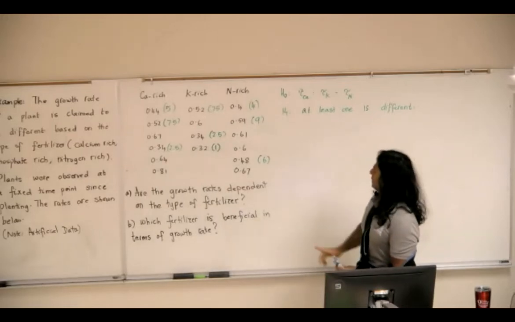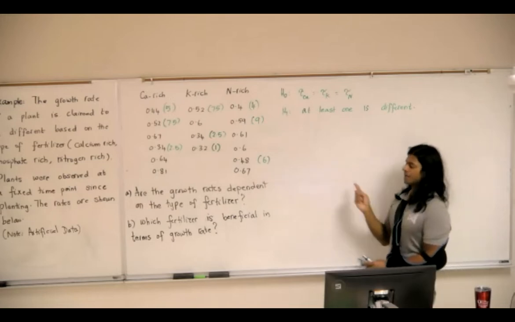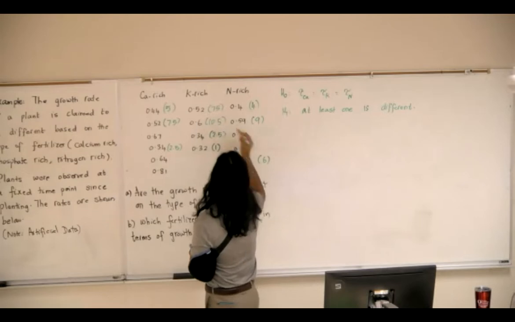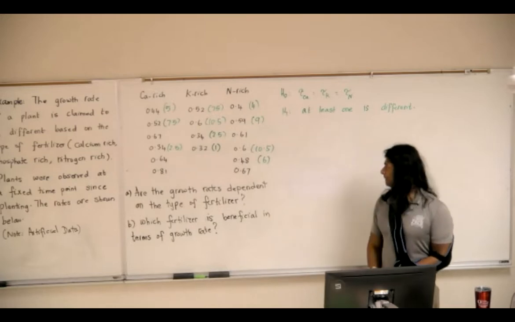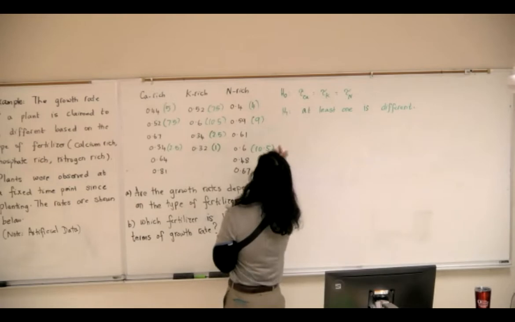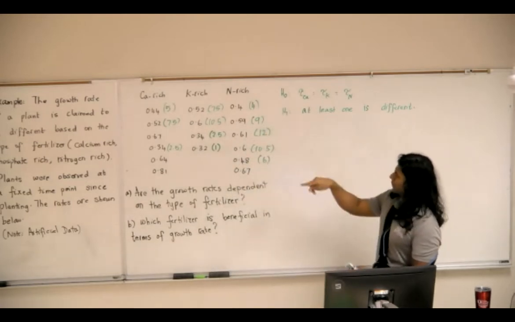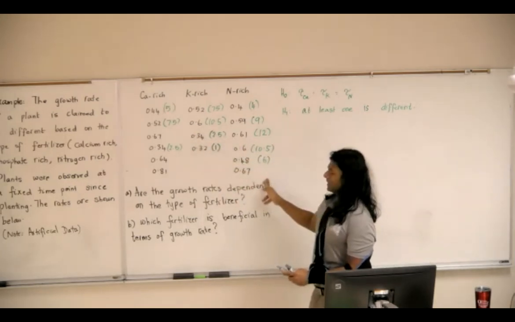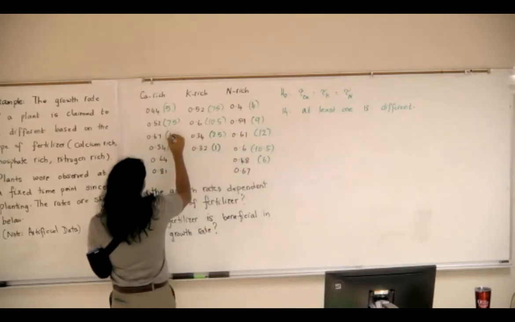So 10 would be assigned to 0.6, but I had 2 of them. So the average of 10 and 11 would be 10.5. What is the next rank? So 10, 11, the next one has to be 12. The next one gets 13.